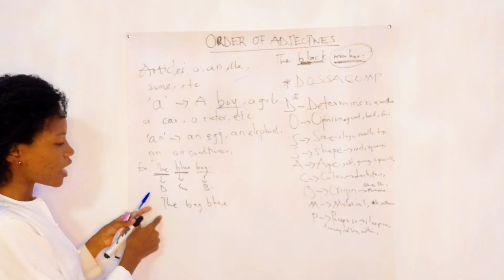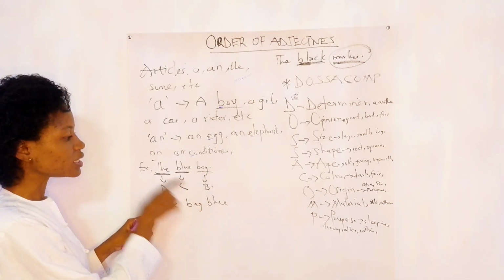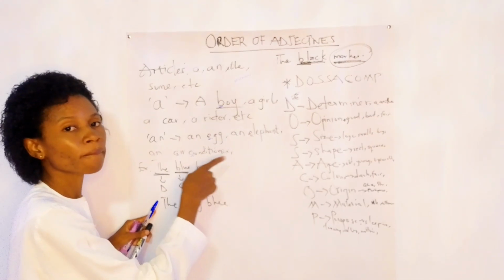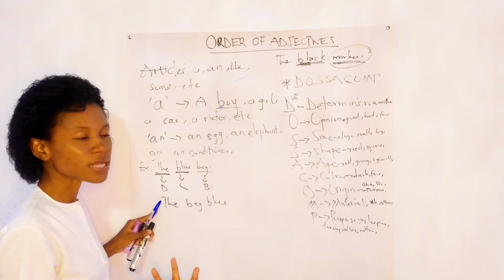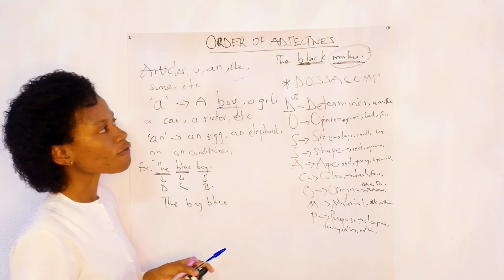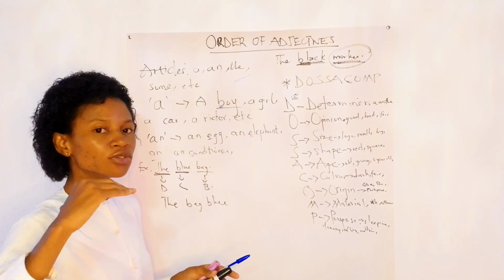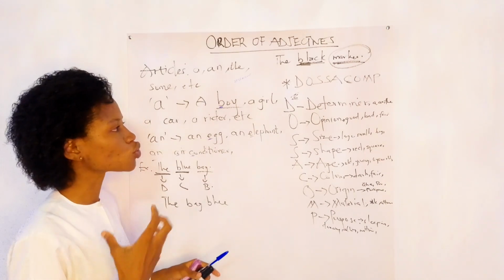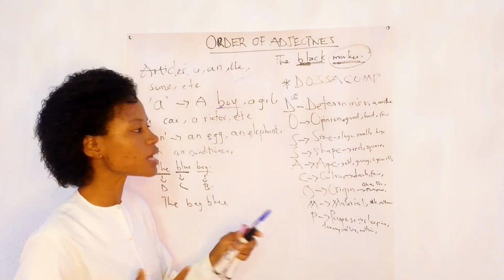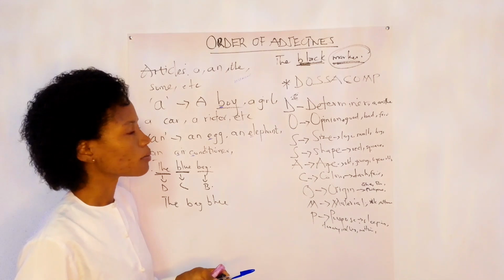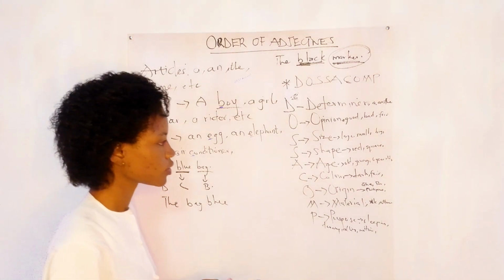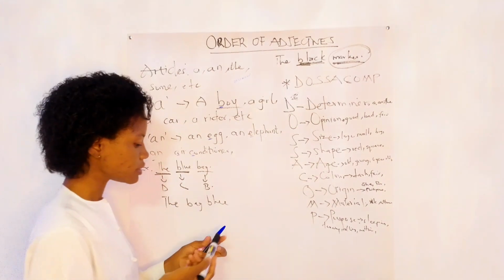So the correct sentence will be, the blue bag. Please, is that okay? Because you guys are already mature, let's go for a longer statement and see how we are going to correct that statement. Okay, now look at this statement.